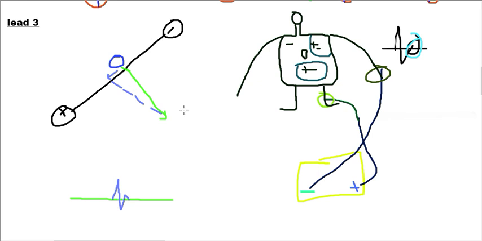If any electrocardiographic paper shows a maximum voltage in the positive direction on lead 3, you can imagine that the magnitude of this vector is maximum, meaning there will be a maximum voltage on the axis of these electrodes of lead 3.